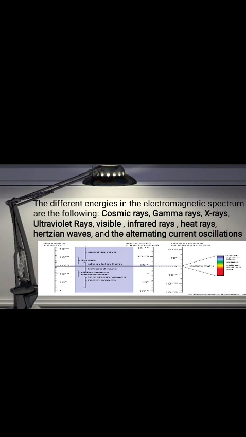Gamma rays come in just after X-rays, with wavelengths less than 10 picometers and frequencies greater than 10^19 Hz. Discovered in 1900 by Paul Villard, gamma rays impart the highest photon energy.